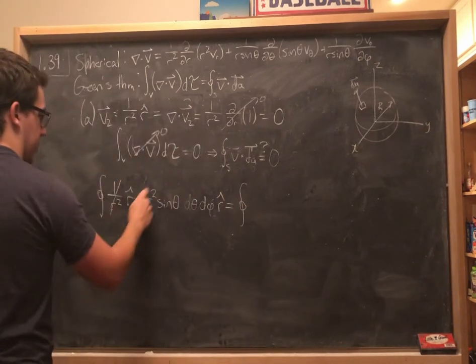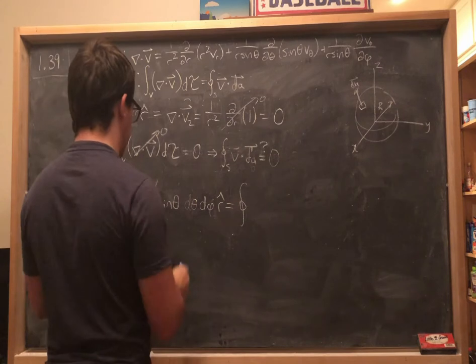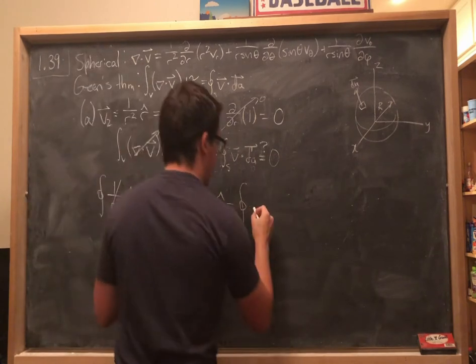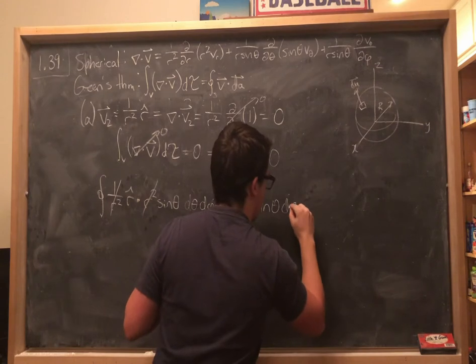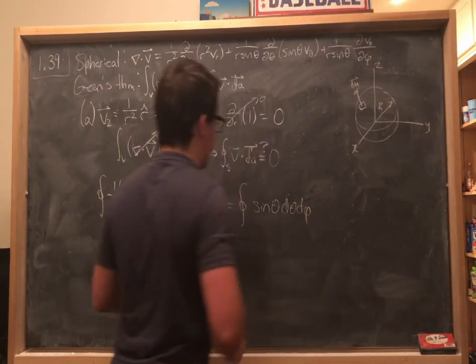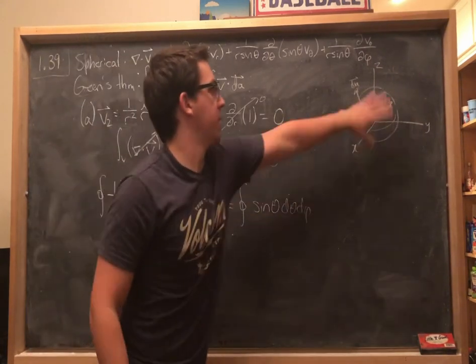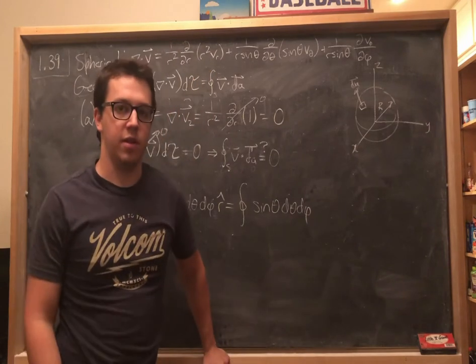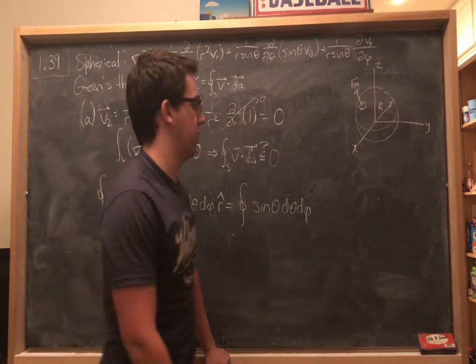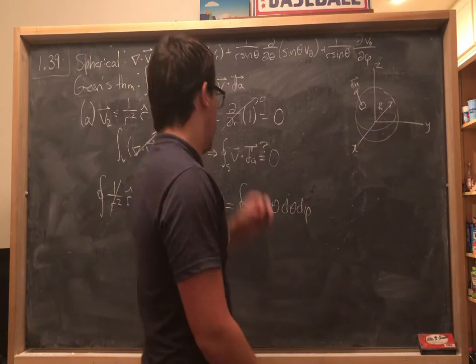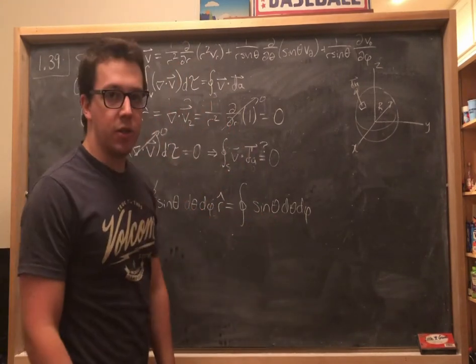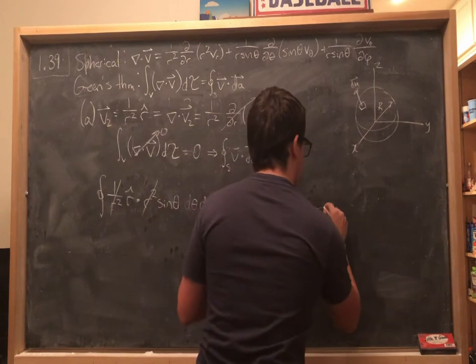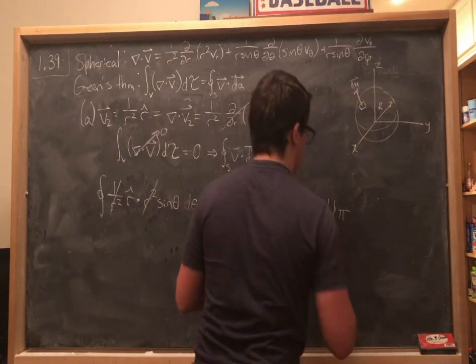We can see that these r terms cancel, and this is going to be dotted, so we get sine theta d theta d phi integrated over the boundaries of this spherical shell, the boundaries of this ball. But this is the same integral we've done twice already. What was it? It was, of course, 4 pi.